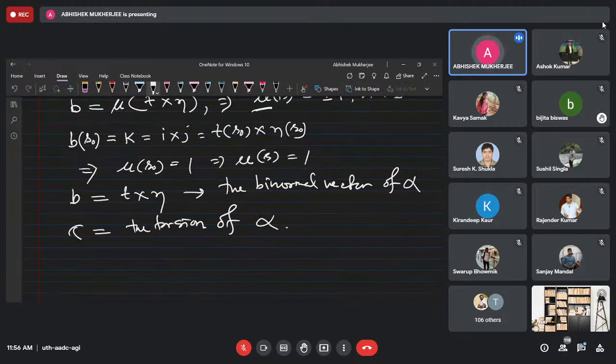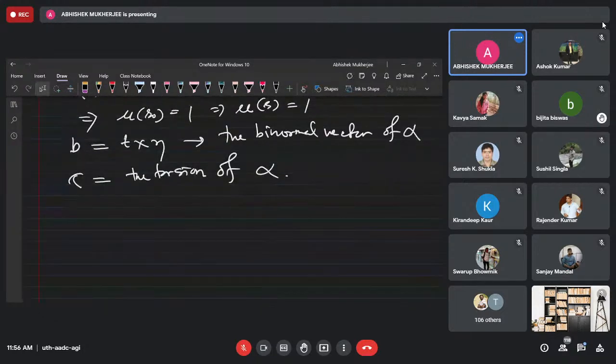So hence we have proved that we have defined a curve which is of unit speed, having the curvature kappa and torsion tau. So this alpha is the required unit speed curve.